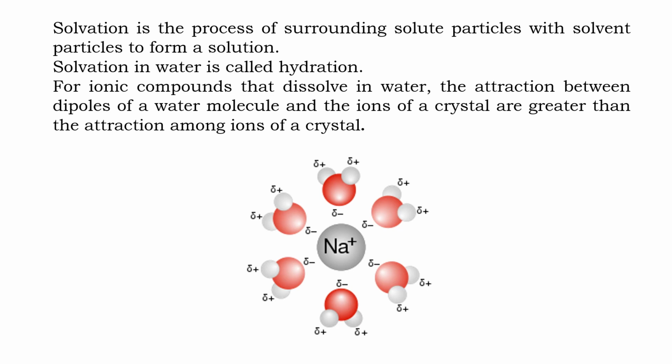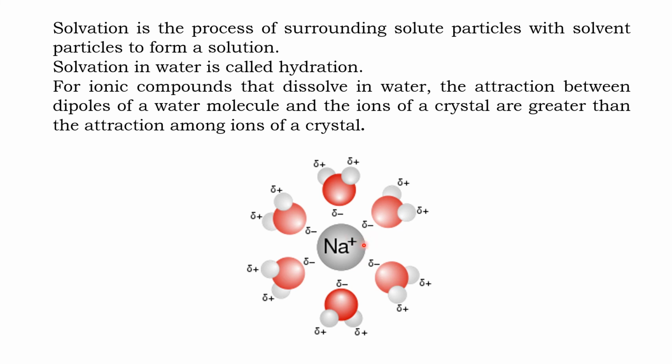See here, we have the solvation process. Na+ ion is surrounded by the partially charged oxygen. This is the solvation process or solvated state. These are the solvent molecules which come and surround the sodium ions.